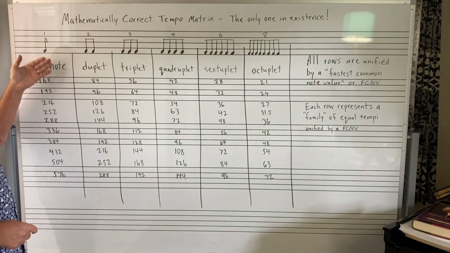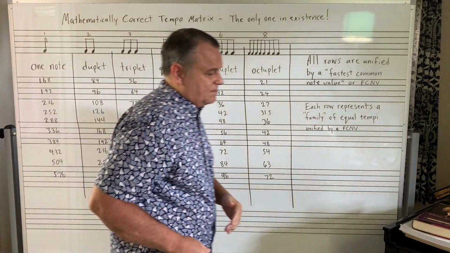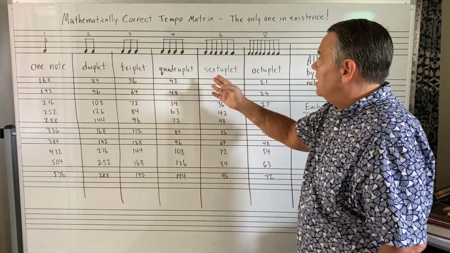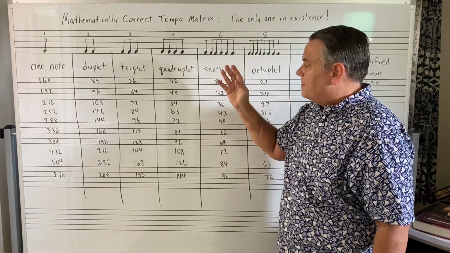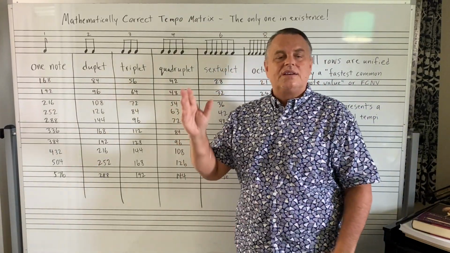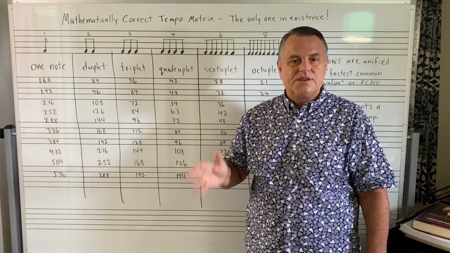So if you take this matrix, as we see here, this matrix is the only tempi that exist in Bach's music.